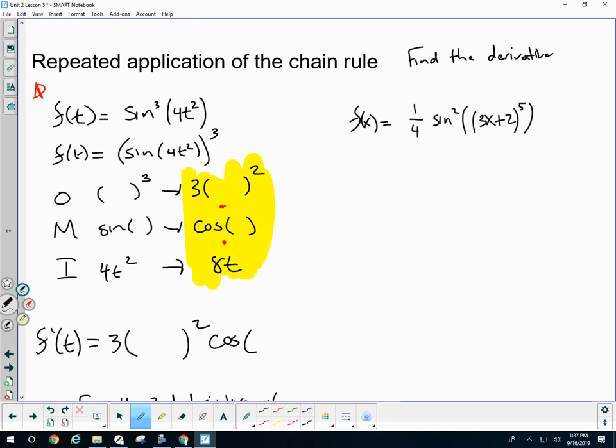But some people have the problem with what goes inside the parentheses. Discuss with your neighbors. See if you have an idea of what goes inside each set of parentheses. What goes inside this? What goes inside this? Let's take a guess and see if you're right.